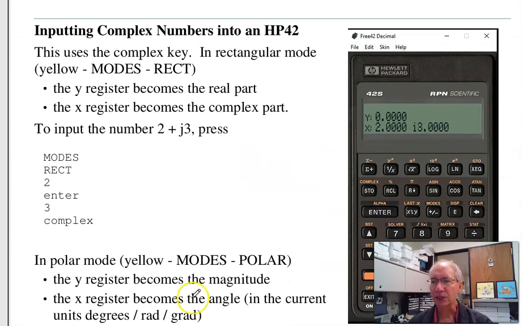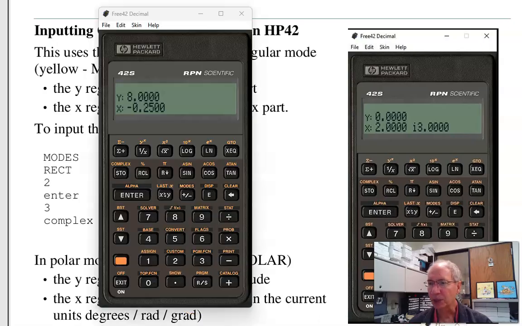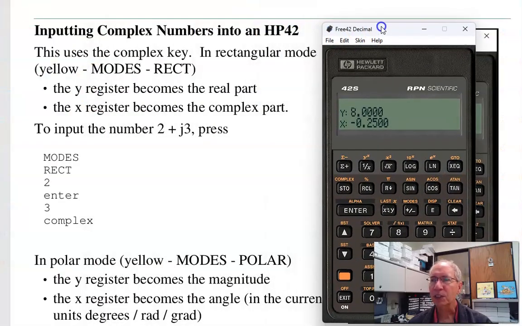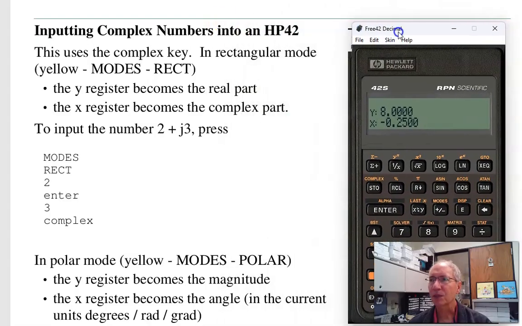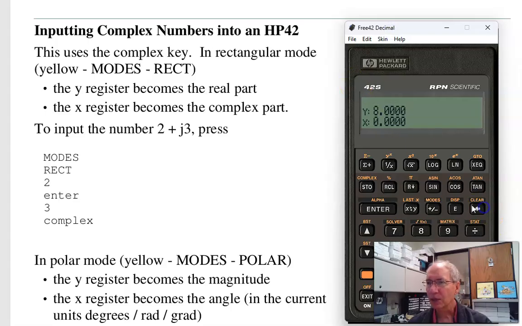On HP calculators, you can input complex numbers as well. So here's my HP calculator. There's this key, complex. If I want to input a number in rectangular form, I go Shift, Modes, Rectangular. Now if I do 2, enter 3, complex, there's 2 plus j3. 5, enter 6, complex, 5 plus j6.